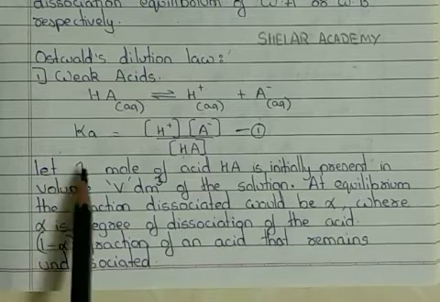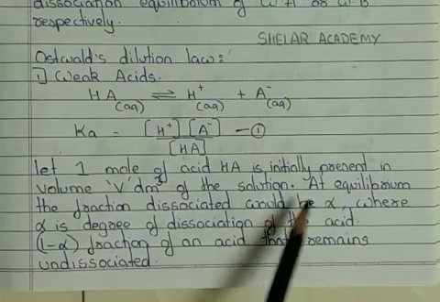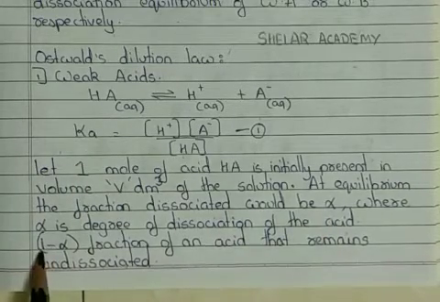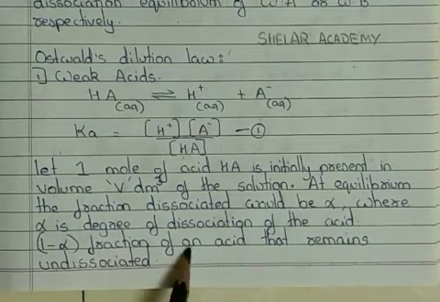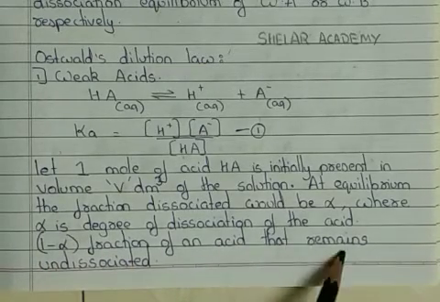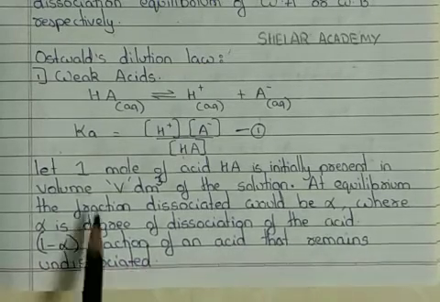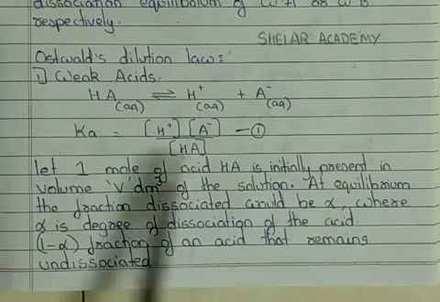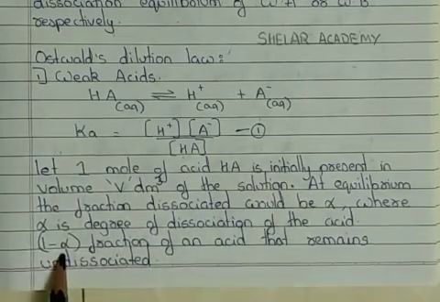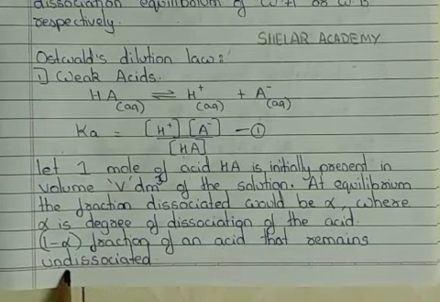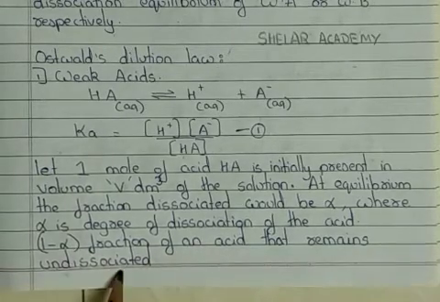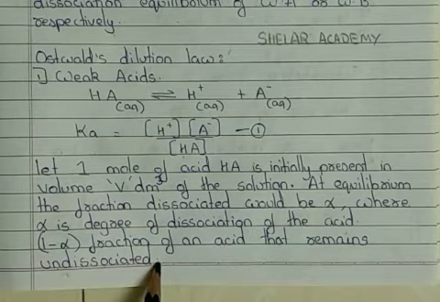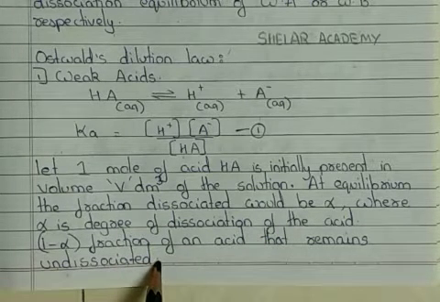So the initial moles minus the number of moles dissociated, 1 minus alpha, will be the fraction of the acid that remains undissociated, because the original was 1, of which alpha got dissociated. Make sure all of this is explained before going on with the further derivation.